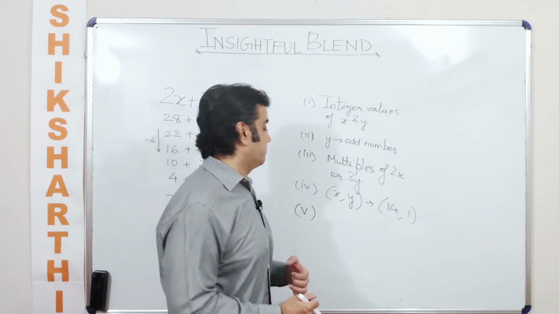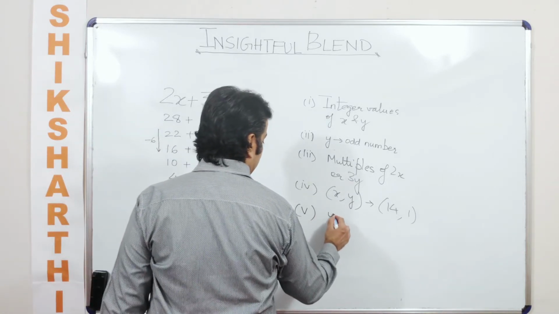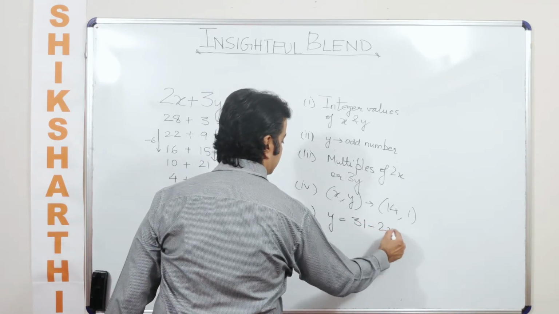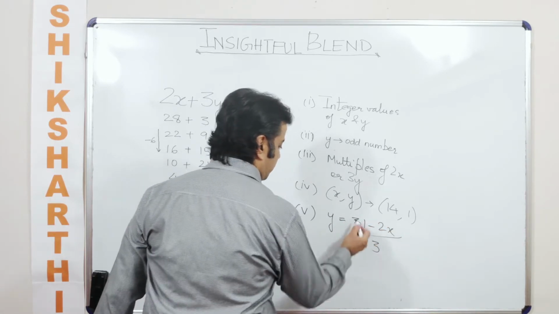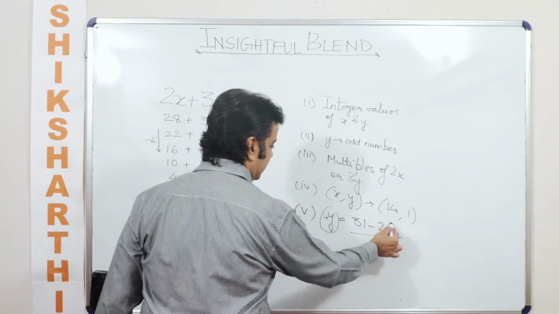So now, can I rewrite this equation as y is nothing but (31 minus 2x) divided by 3? So forget about these constant terms, but I can say that here it is plus y and here we are getting minus x.